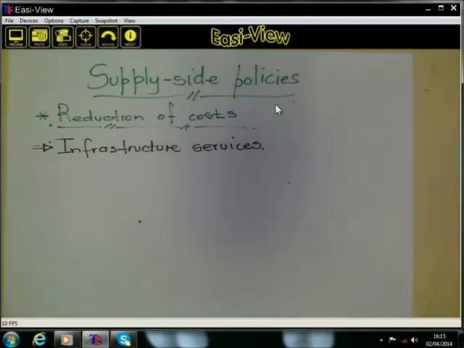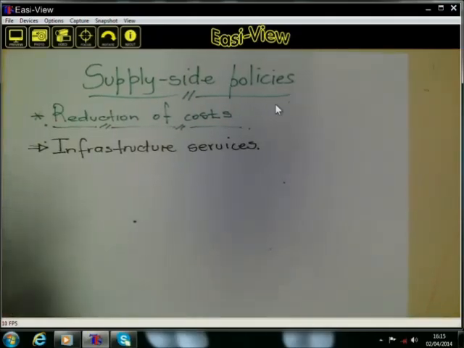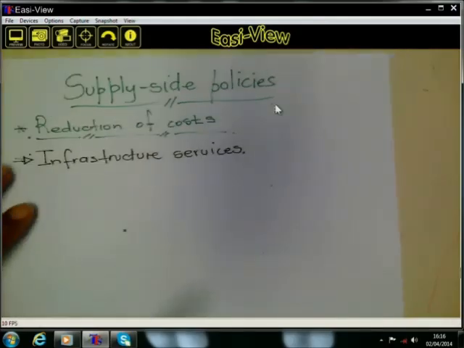So they must provide them with infrastructure. Why? Because the cost of roads, the cost of water, energy are too high for businesses. So if the government ensures that they have, sometimes they should subsidize them, then the businesses will be happy.